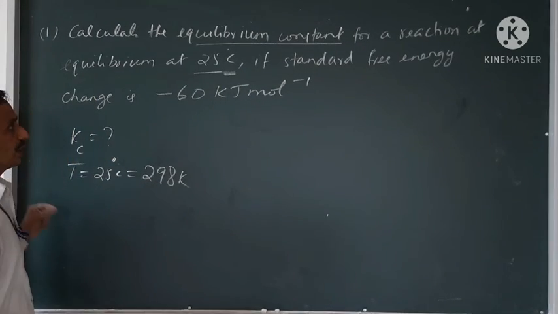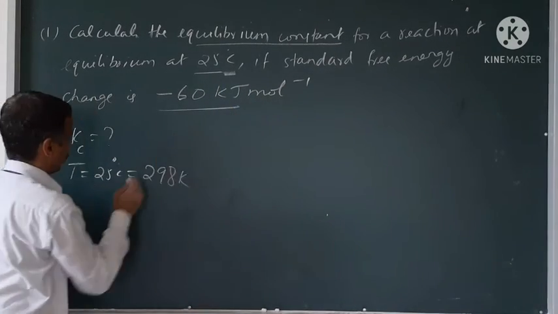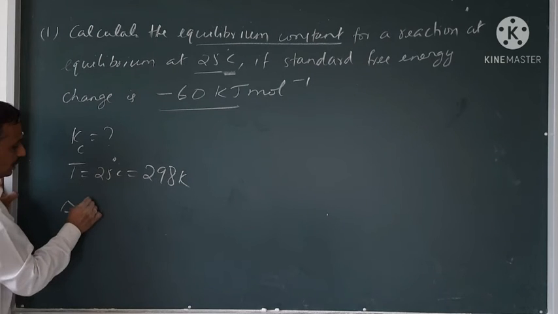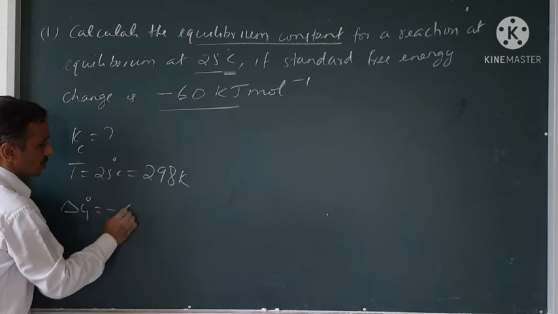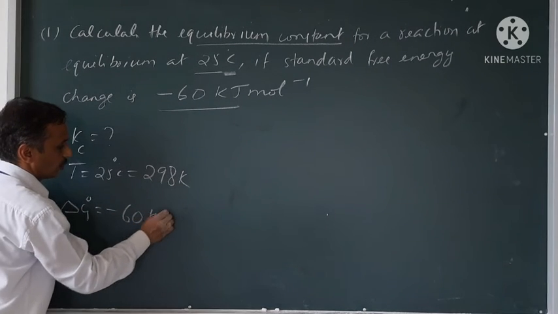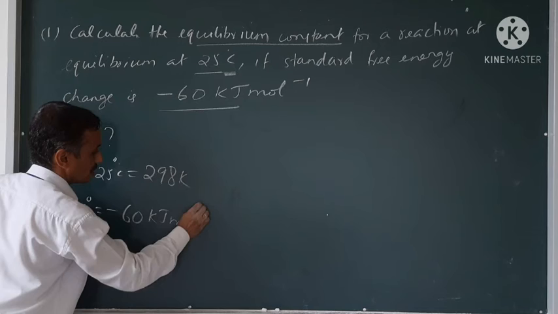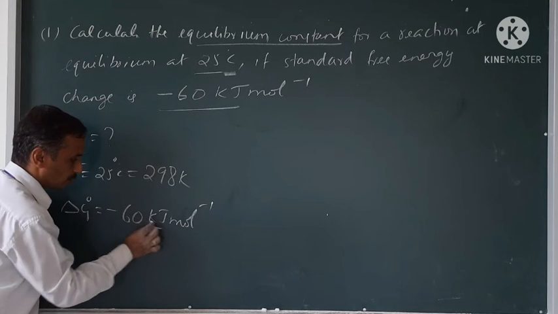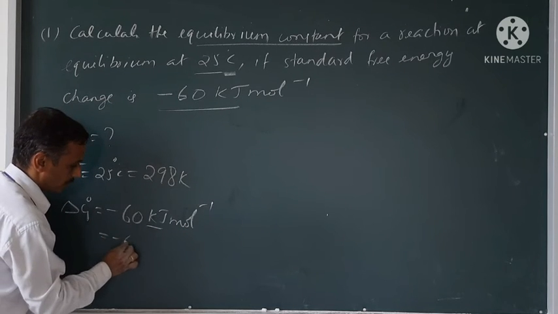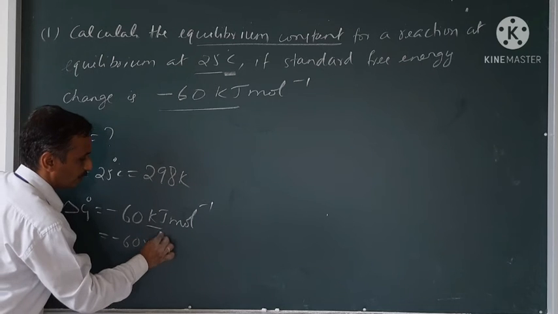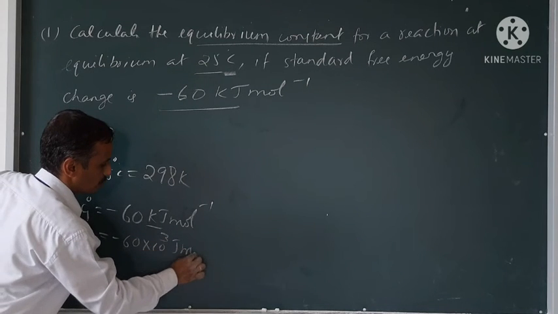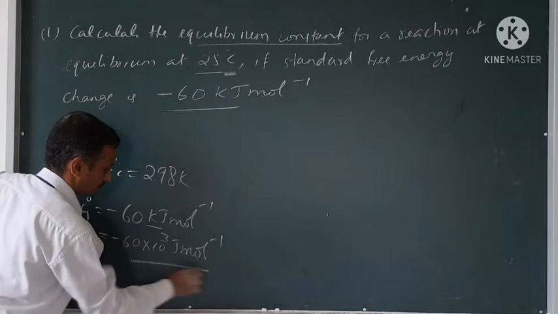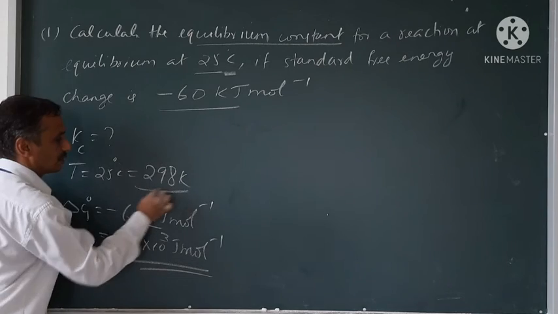The standard free energy change delta G naught is minus 60 kilojoules per mole. Here, many make a mistake. This kilo should be converted to joules: minus 60 into 10 to the power 3 joules per mole. That is a must.